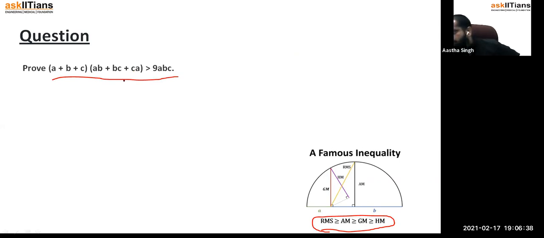How will you prove that? It is just an inequality, right?